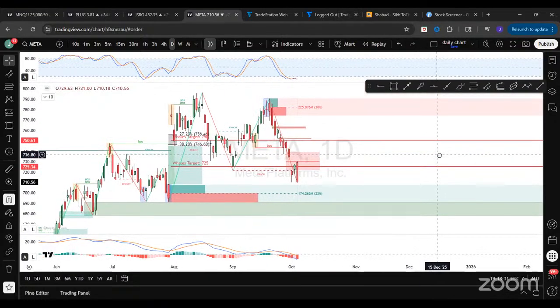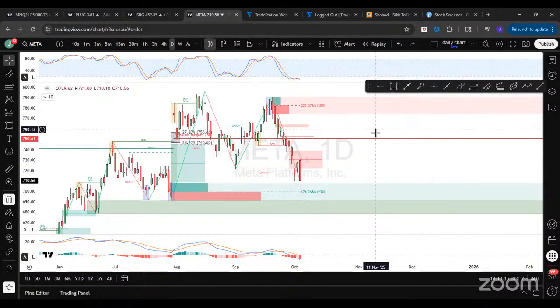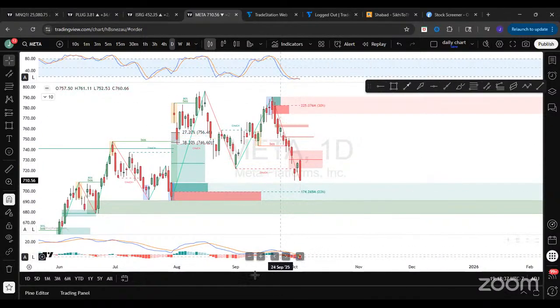I can check this target. Ooh, yeah, there you go. There are two wave targets, one at 720 and another at 750. So this thing is going up.